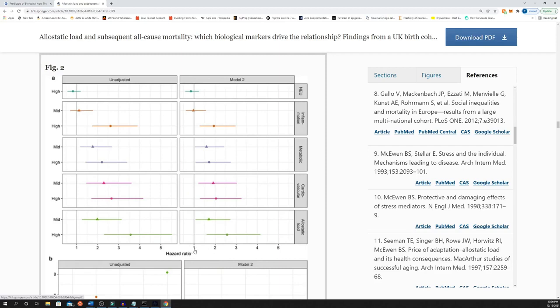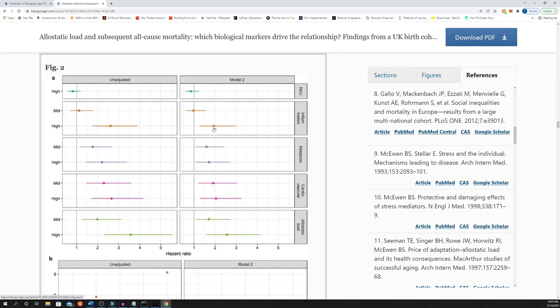If something has a hazard ratio of 1.01, that means for every 1 unit increase in a variable, there's a 1% increase in mortality risk. So the higher this number, the more impact a variable is going to have on mortality risk.